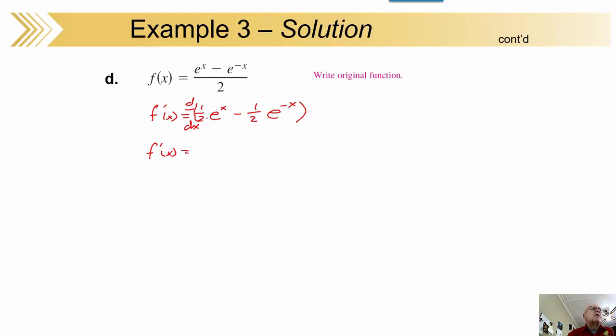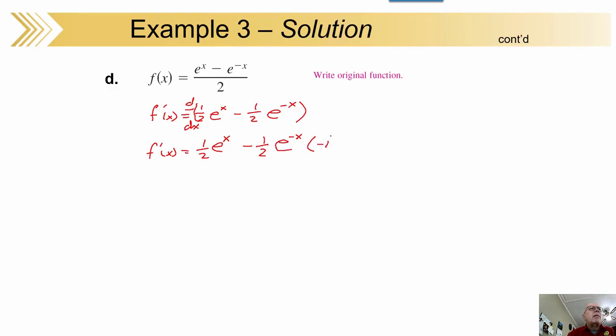On the first one, this is a constant, so leave that out front. And the derivative of this is e to the x. Over here, we've got a constant out front. Got e to the minus x, but this is not just x, so we have to take the derivative of the minus x.